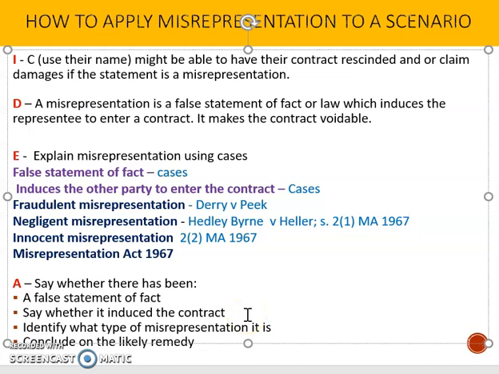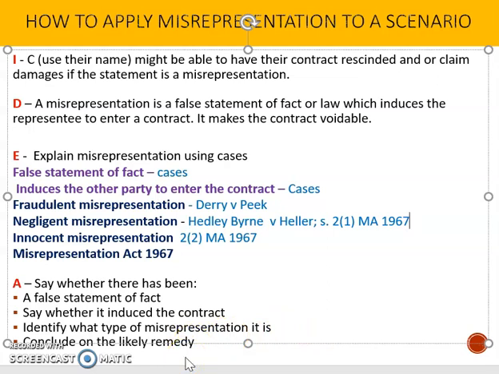So did your claimant definitely rely on it, or did they check for themselves so that they didn't rely on what had been said? You then need to work out what type of misrep it is. Do you think it's fraudulent, negligent, or innocent? And once you've decided which it is, you can conclude on the remedy.